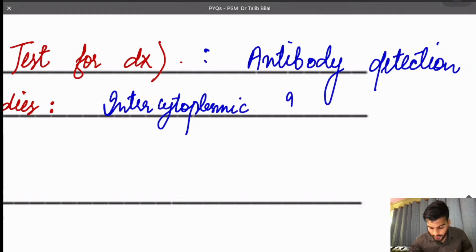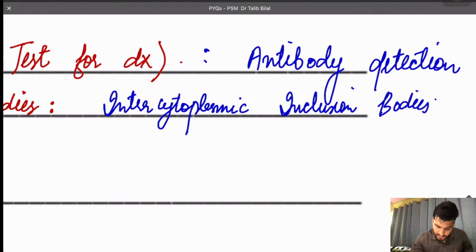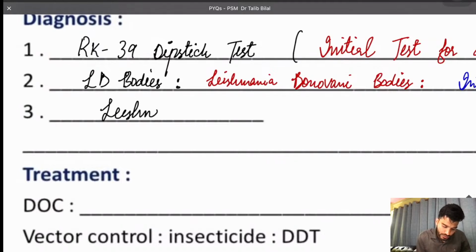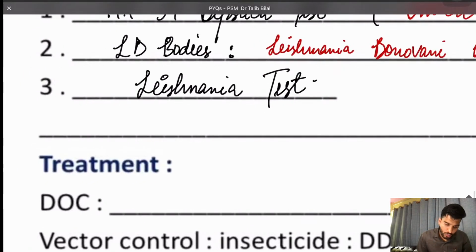These are intracytoplasmic inclusion bodies, and they are confirmatory. We also go for the Leishmanin test, guys, but that is not a diagnostic test.